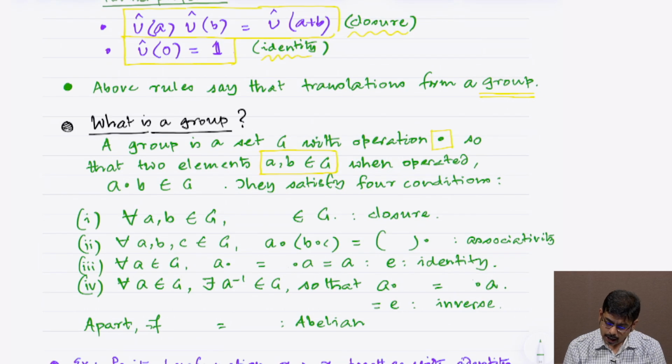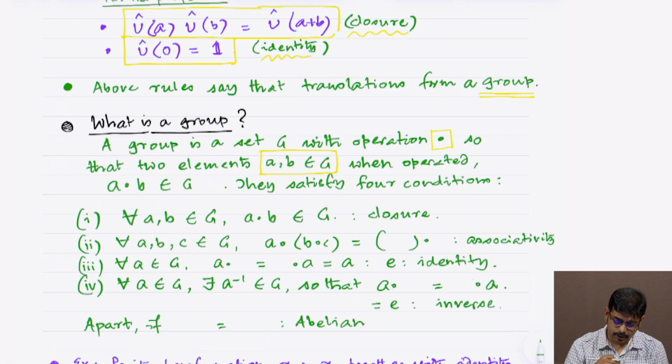Now, first of all, as we said, for each A and B belonging to G, A dot B, it does not have to be the vector dot product or something. You can think of numbers, then these numbers can have operations like addition or subtraction or multiplication. If you think of matrices, you can think of this operation like matrix multiplication.